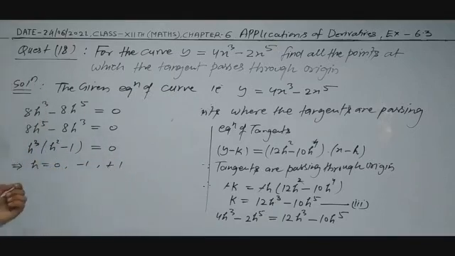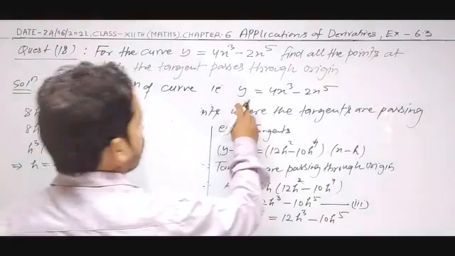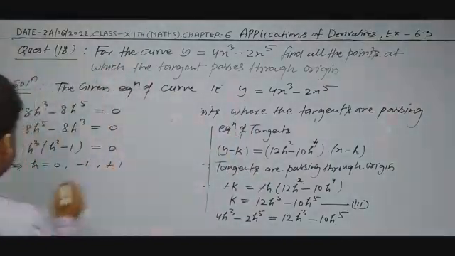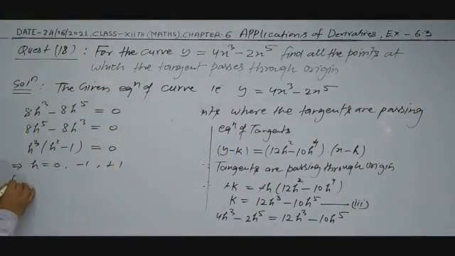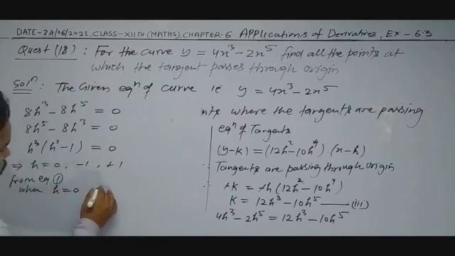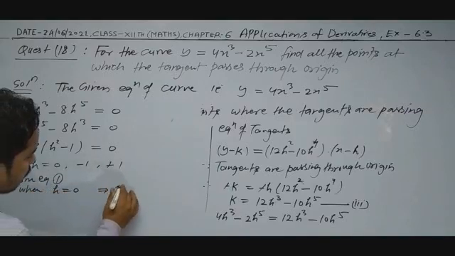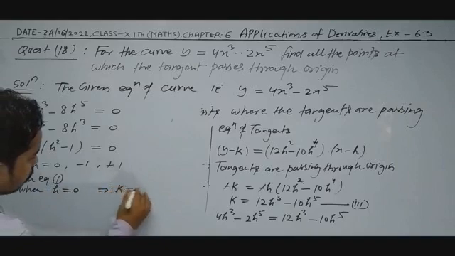So these are the values of h, and when you put them in equation 1: when you put h is equal to 0, k will become 0.